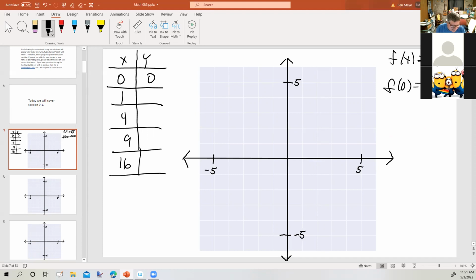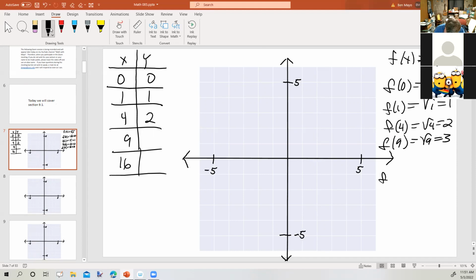Thank you. All right. If x is 1, f of 1 would be the square root of 1, which is 1. If x is 4, f of 4 would be the square root of 4, which is 2. If x is 9, f of 9 would be the square root of 9, which is 3.